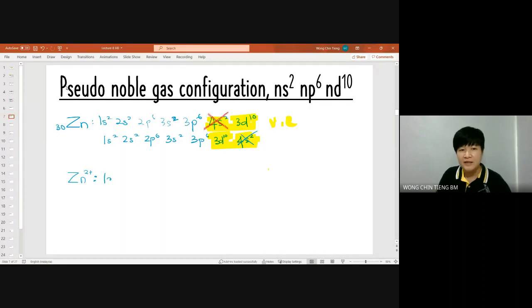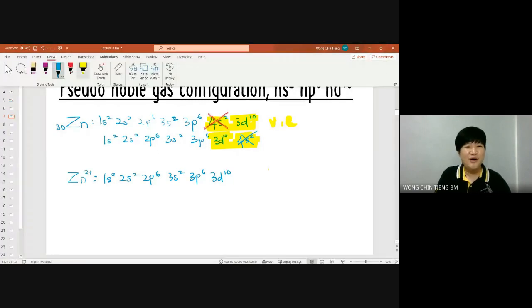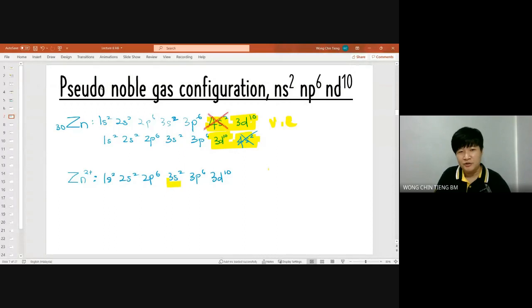Therefore, you can see, after you remove your 4s2, over there you can see your pseudo noble gas. The reason why zinc akan jadi zinc 2+. Why we always have zinc and then zinc 2+ as an ion.